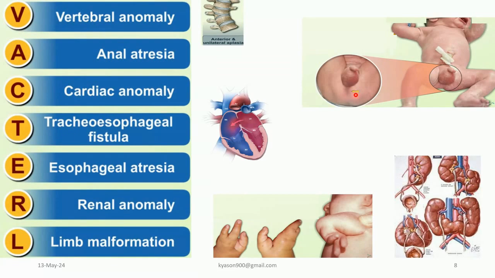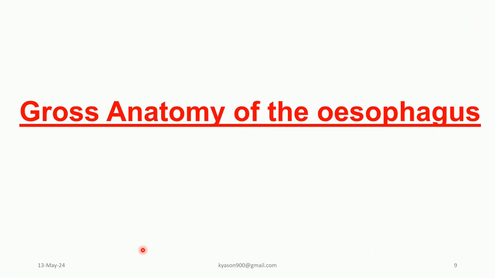If the anus is not developed, you can just see this easily, and then X-ray can confirm this vertebral abnormality. So these are just associated anomalies, and this can be remembered by this acronym for easy remembrance. So that's what we can talk about regarding the embryology of the esophagus.